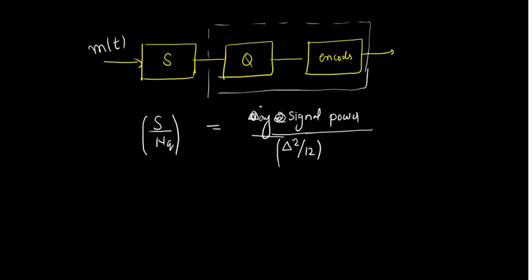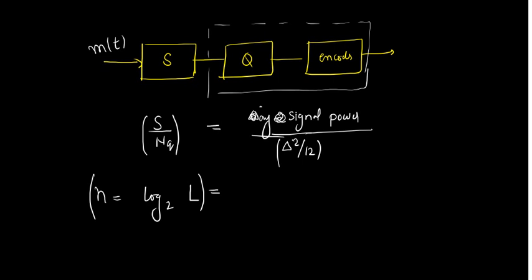So we improve the efficiency, because we remember that our n, the number of bits, is nothing but log 2 of L, where L is the number of quantization levels. As the number of quantization levels increases, the accuracy increases because the quantization error decreases.